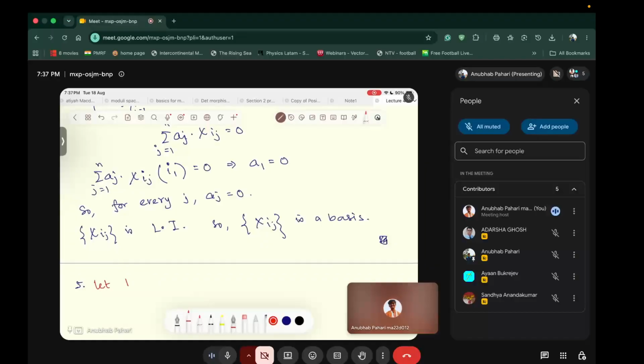Let f and g from kx be linearly independent over k.